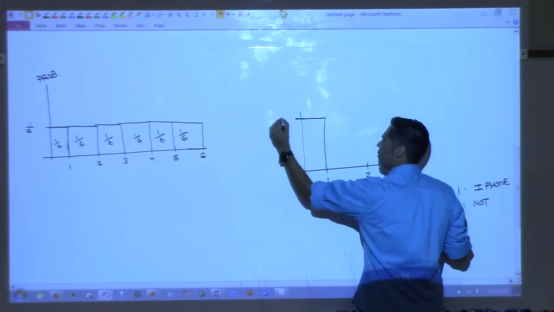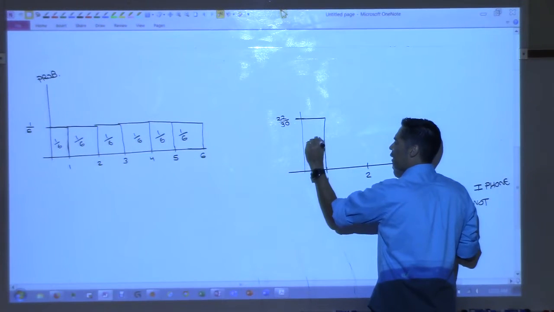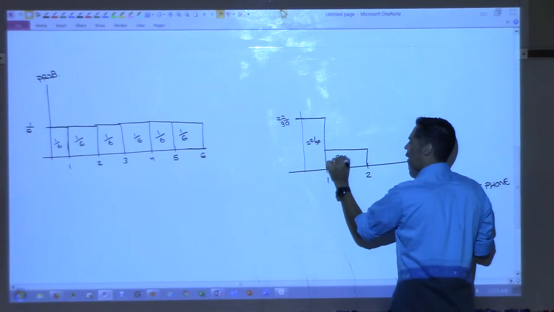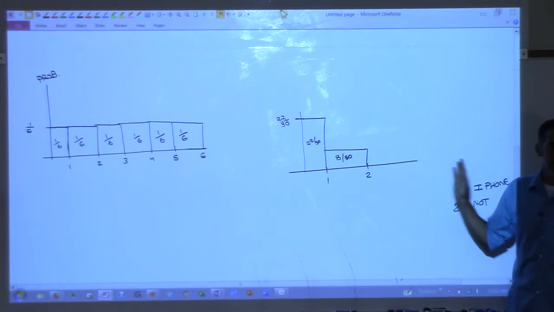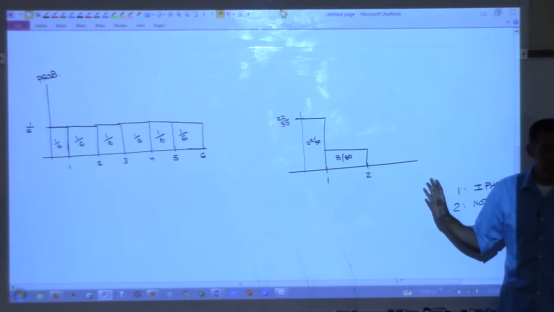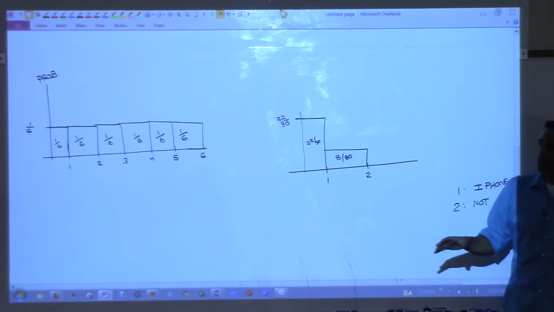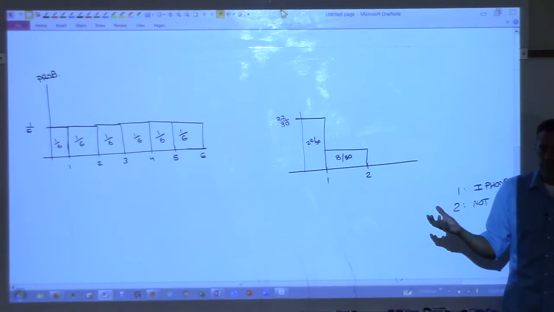So the area of that is 22 out of 30. And then this area right here would be 8 out of 30. And so the probability of both of those added up together should be 1. And that's for every experiment, every probability out there. The sum of all probabilities possible has to be 1, because that makes sure that every event can happen, right?